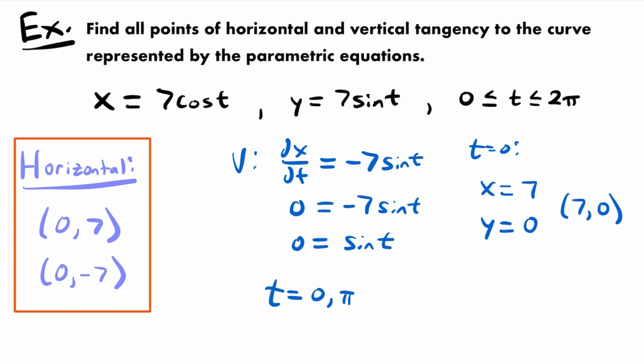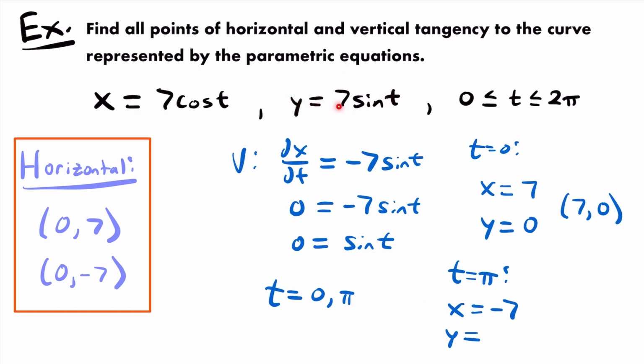Now let's find the other with t equals pi. When t equals pi, x will be equal to pi plugged into our x equation. So we'll have x is equal to 7 times cosine of pi, and cosine of pi is negative 1. So we'll have negative 1 times 7, which gives us negative 7. So x is equal to negative 7. And then y will be equal to pi plugged in for t in this equation.